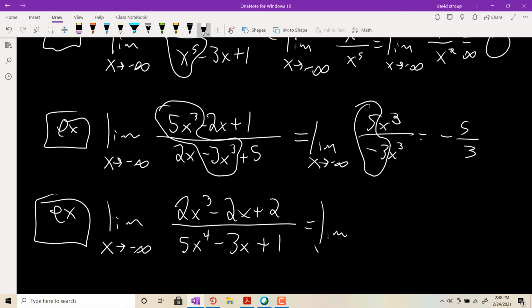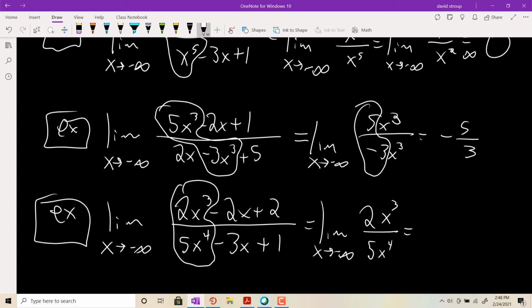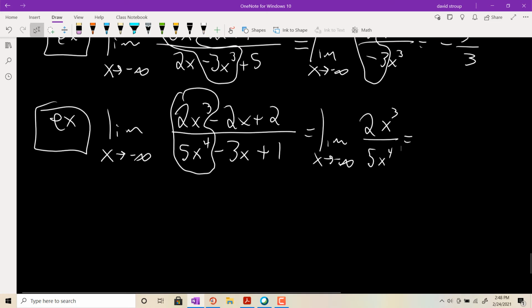Okay, so you take the limit as x goes to negative infinity and just pick off the high degree terms again. I'm sorry if I'm going too fast. I feel like I'm smushing all this in, and I just want to make sure. Okay, just breathe. Okay, so what is this if you reduce? It's 2 all over 5x.